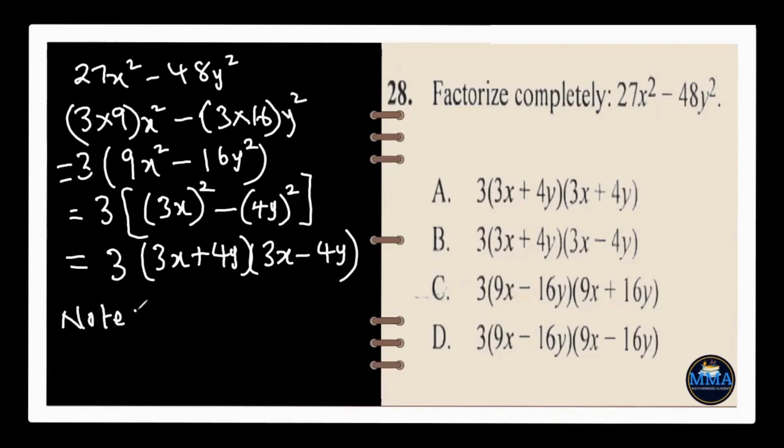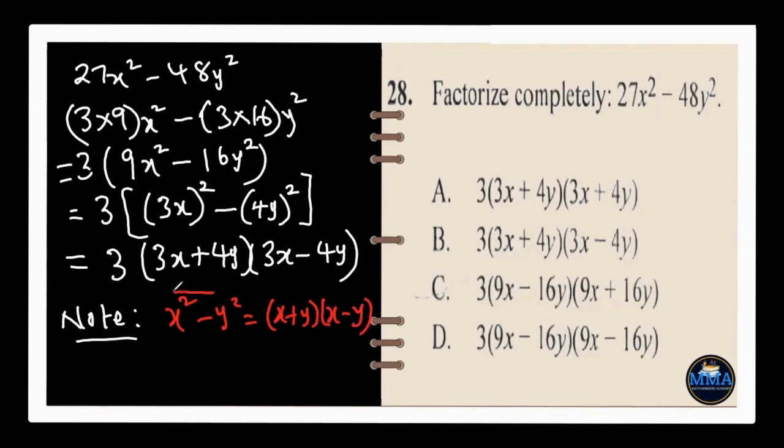Note, this is the principle I use, or the rule that I use to get this. The rule says, when you have x squared minus y squared, we actually give you x plus y, x minus y.